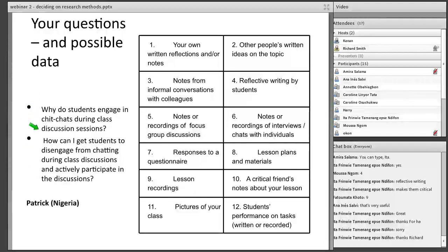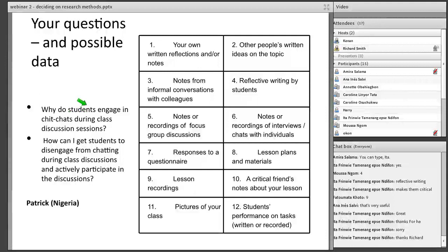It might be necessary as well, because you might try all kinds of different things in the action research, but you wouldn't actually know whether that was going to work, or it would be quite random as to whether it would work or not. So it's good that you've got this question: why do students, exploring the reasons?